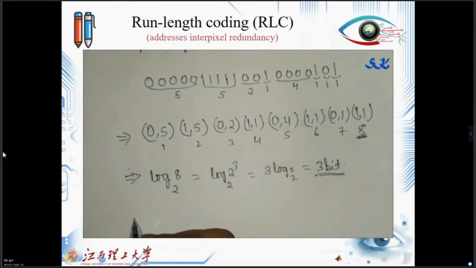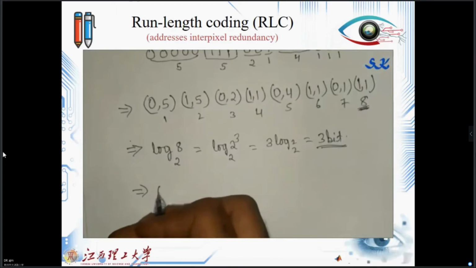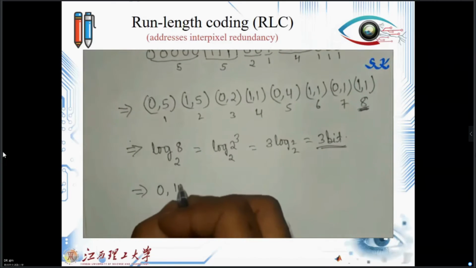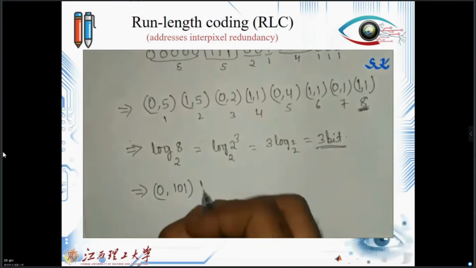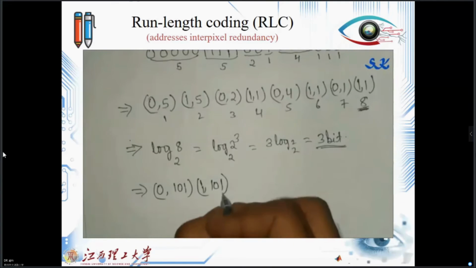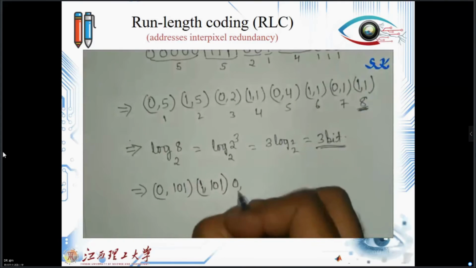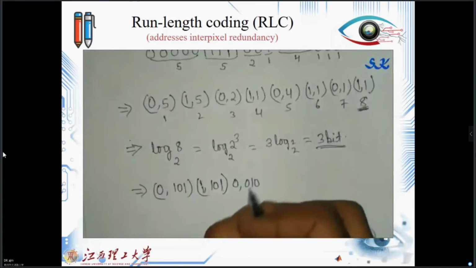Next is that you should calculate 0 and 5 as the bits of 101. Again, 1 as 5 is 101 in binary coding. 0 in binary coding is 010. 2 is 010, sorry. Yes.